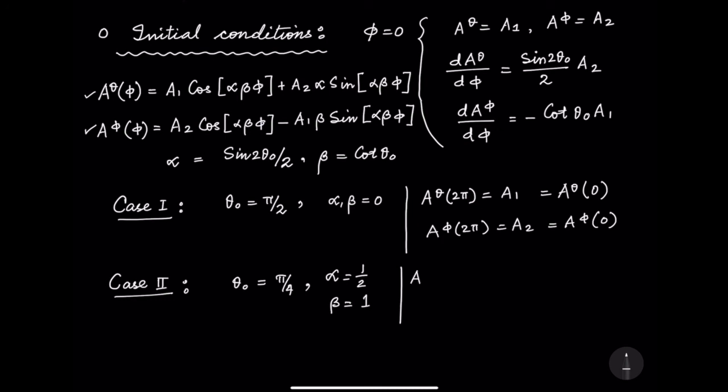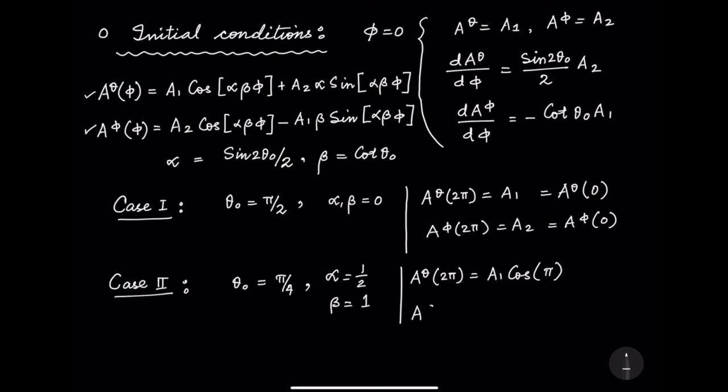So a theta at 2 pi is what? Well, alpha is half, beta is 1. So alpha times beta is half. So which means that if my phi is 2 pi, let's write it here. So this is a1 cos of 2 pi by 2, which is pi. And then you can see that it will be a2 by 2 sine of pi, but sine of pi is anyway 0, so I'll not write that.